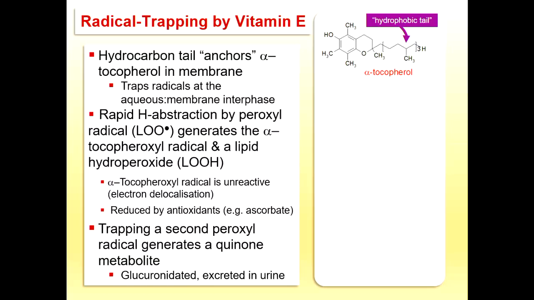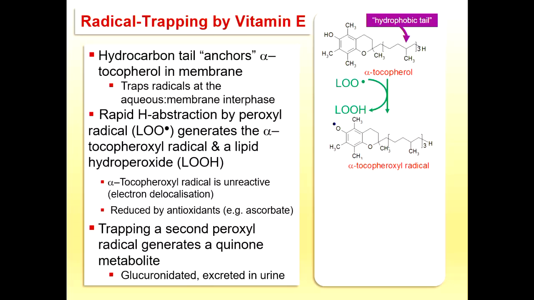And so what happens when this molecule traps a peroxyl radical is we get another radical being formed, alpha-tocopheroxyl radical, where this oxygen here can be delocalised across this aromatic ring, and this is what makes it such an efficient antioxidant, because that radical is very unreactive. It doesn't attack lipids, so it's a true detoxification.